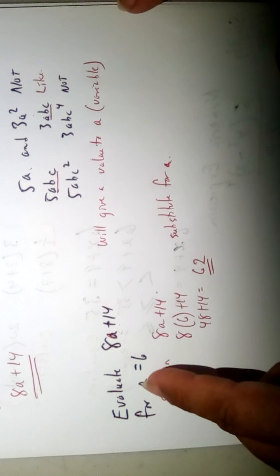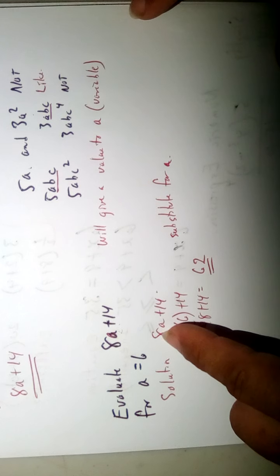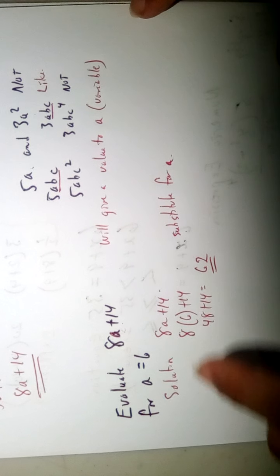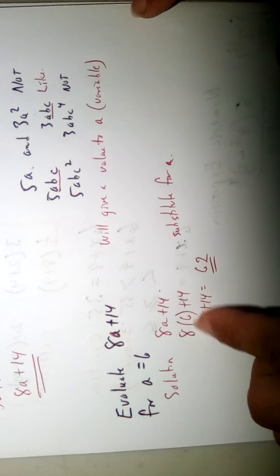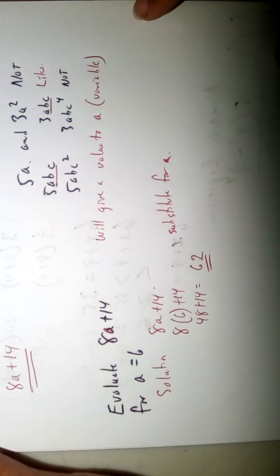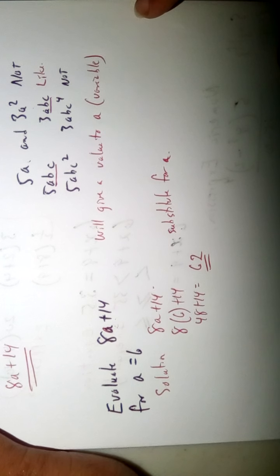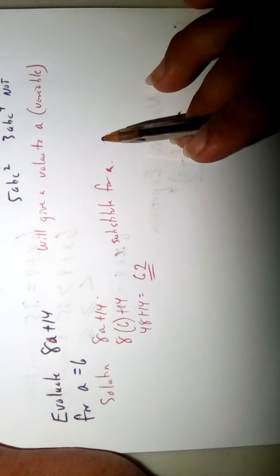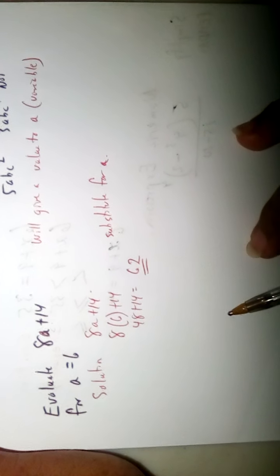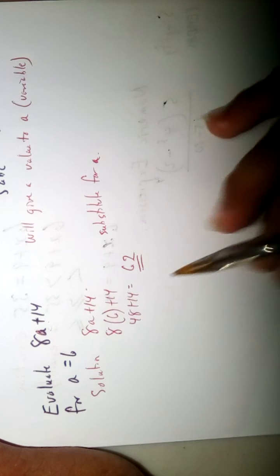Now if you notice here, I substituted for a, and I used a bracket or parenthesis. Now why would I want to use that? The reason why is because I have seen students do this basic error.